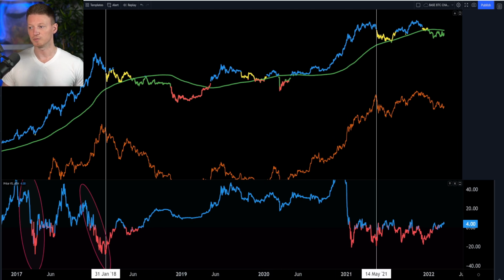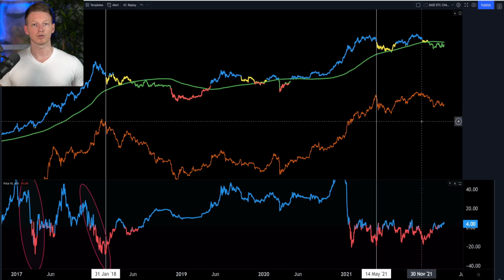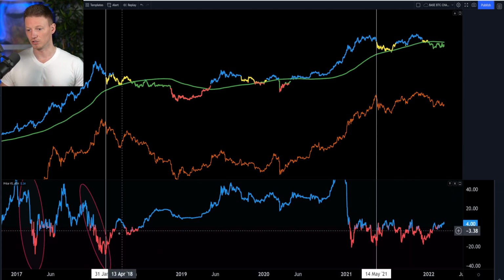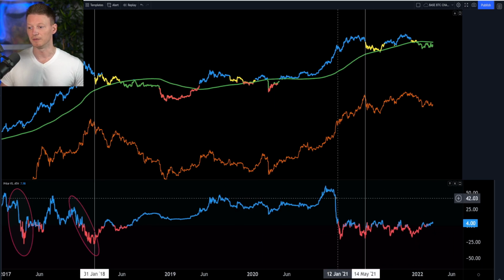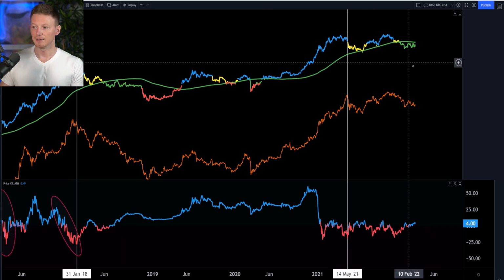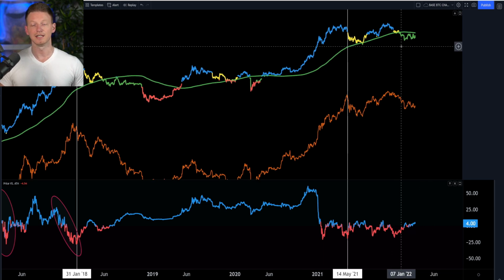So while Bitcoin was bleeding during that time, the altcoins were hemorrhaging, going all the way down to points where they were down 95%. And in my estimation, that's what we're likely going to see here again, based on the fact that this has played out identically to the way it did in 2019.